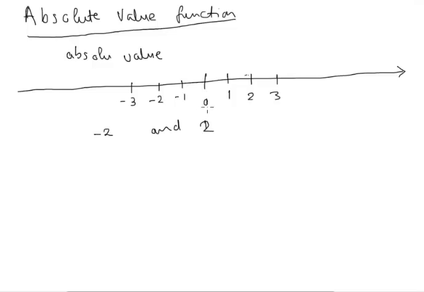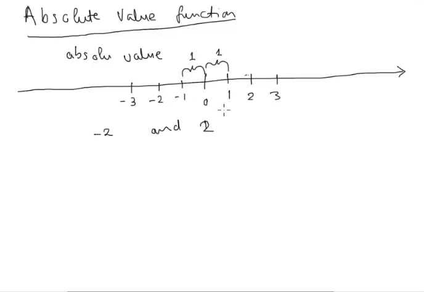If I tell you that my point of departure is 0, there is something common. What is it? Distance. The units. If you take 1 as a unit, 1 is 1 unit away from 0, and minus 1 is 1 unit away from 0.